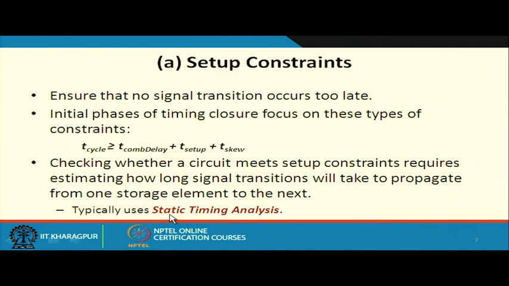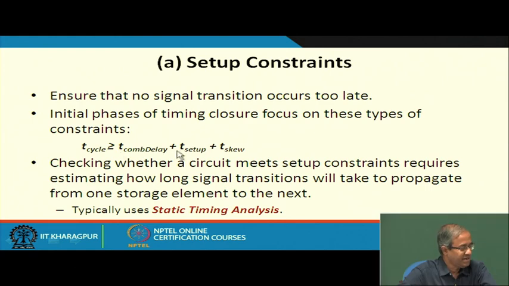Just to refresh whatever I have said, in the setup constraint we ensure that no signal transitions occur too late, and the constraint is that the total cycle time or the time period must be greater than or equal to the combinational circuit delay, the setup time, and of course the clock skew if any.